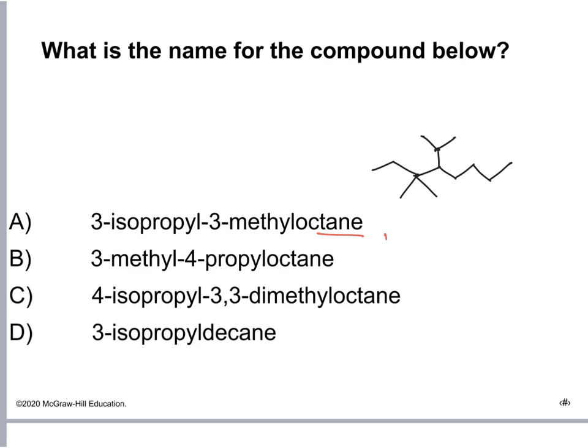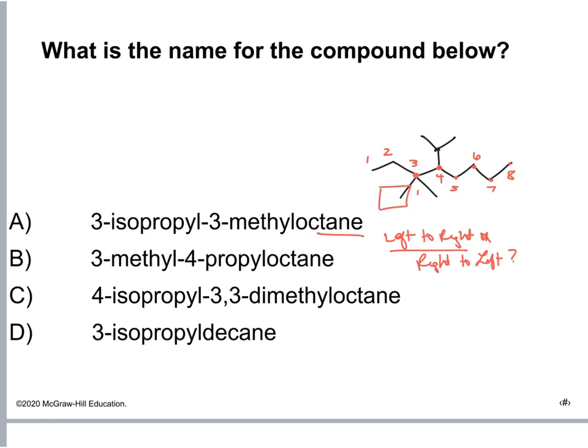And are you going to number it from left to right or right to left? So 1, 2, 3, 4, 5, 6, 7, 8. You want to go from left to right because that gives a substituent at 3, whereas the other way would be 1, 2, 3, 4, 5. So 3 is less than 5.